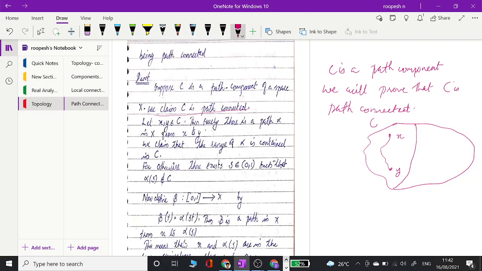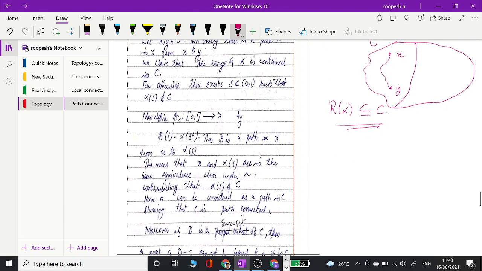Now we claim that the range of alpha is contained in C. For otherwise, suppose not, then there exists an s belonging to the open interval (0,1) such that its image alpha of s does not belong to C. We are taking alpha from the closed interval [0,1].